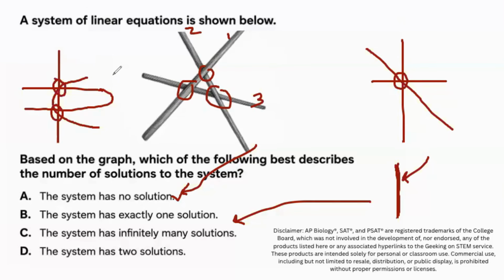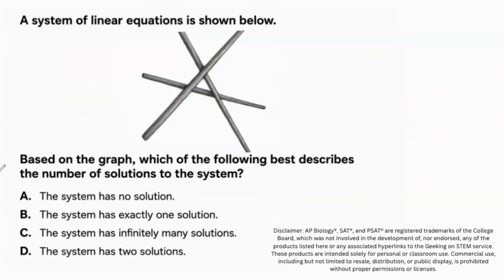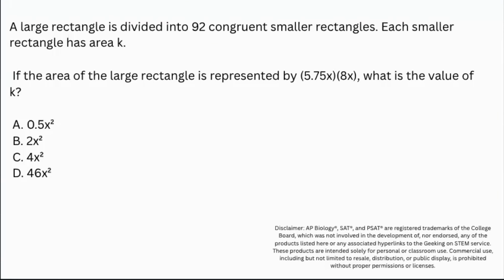There's no solution because it's not intersecting at a given point simultaneously. So I just want to point that out as a trap answer. I know this seems like an easy question, but students often get this wrong because they look at the problem and think that it's three solutions, and it's not really. It's technically no solutions because all three of them are not intersecting at the same point.